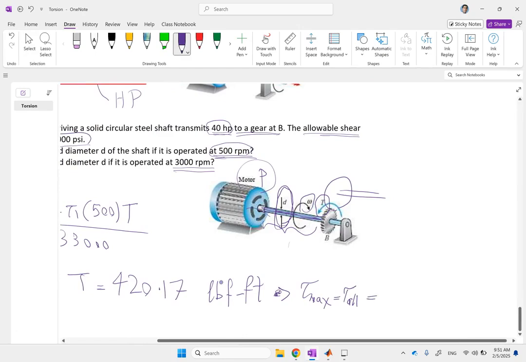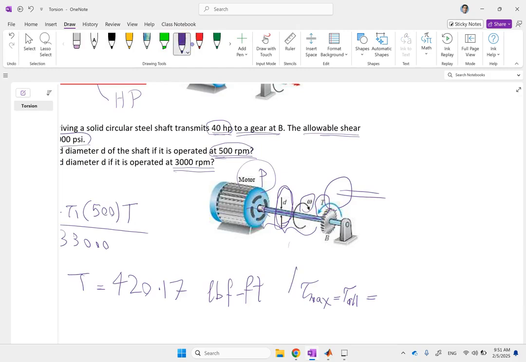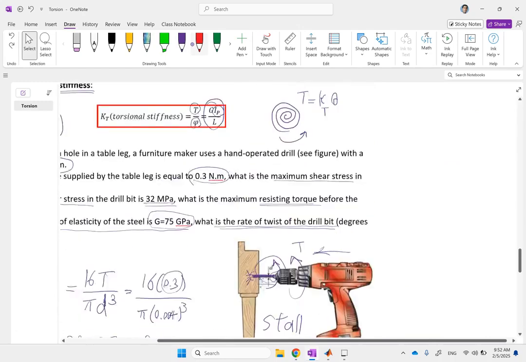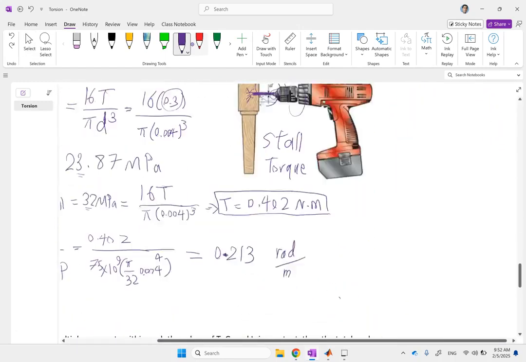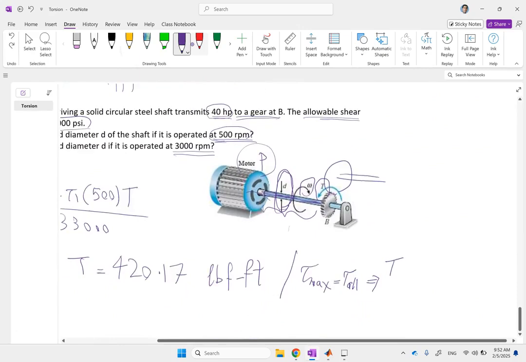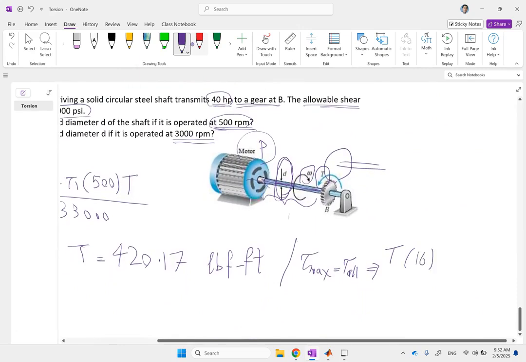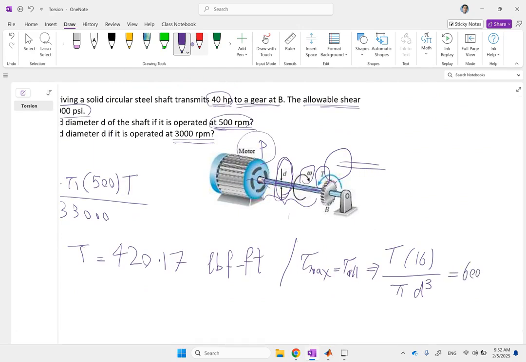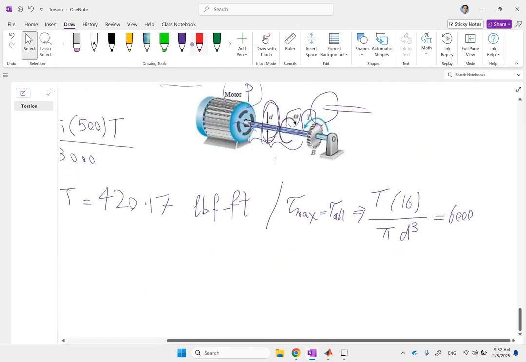And this is equal to tau max is T d over 2 over J, remember, or if you want to use that formula that we derived, remember, we had this maximum thing, 16T over pi d cubed. We can use that because it's solid. So this should be equal to 6,000 psi.